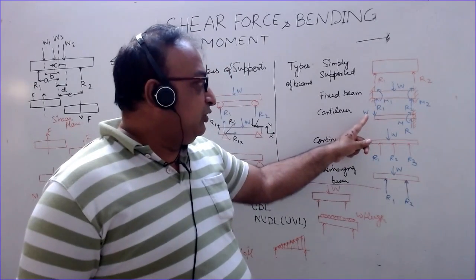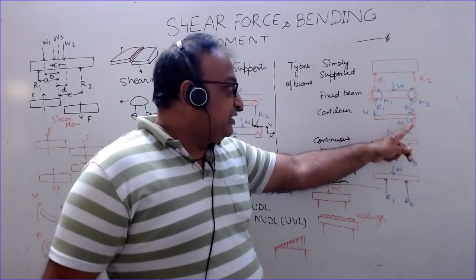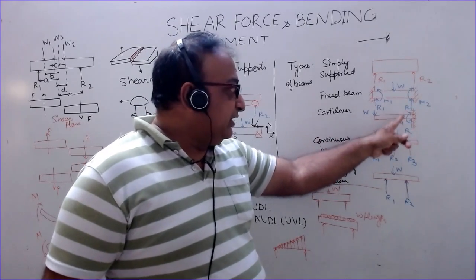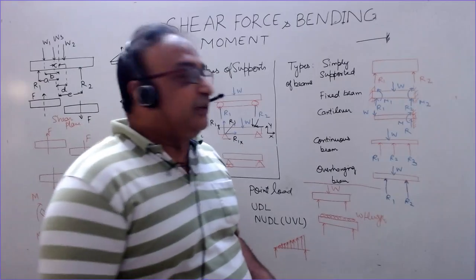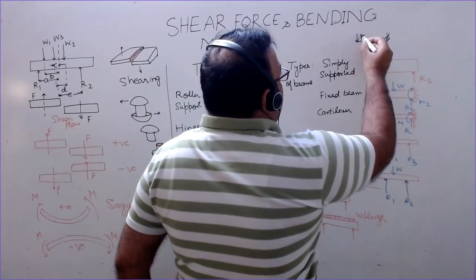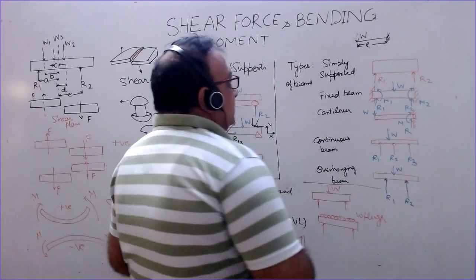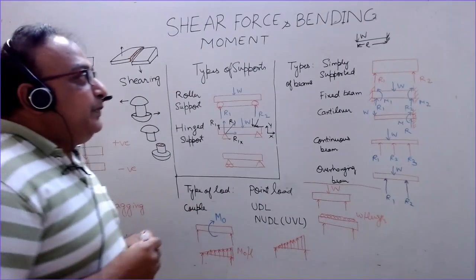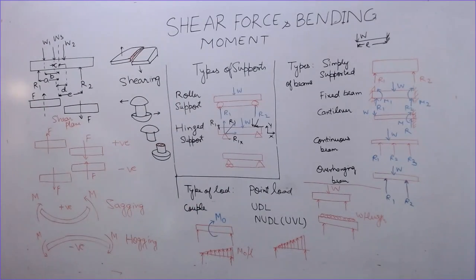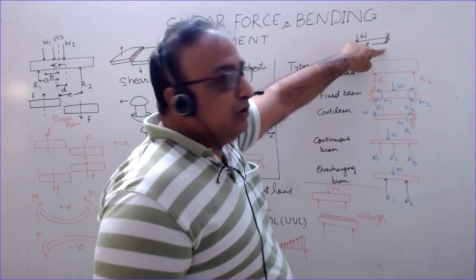So if W is the load acting here, in that case it has a normal reaction acting at the other end plus a fixing moment. Now let me discuss what this fixing moment is. When a cantilever has a load W acting here, and L is the length of the cantilever, then for the equilibrium of this cantilever, the net downward force must be balanced by the net upward force.